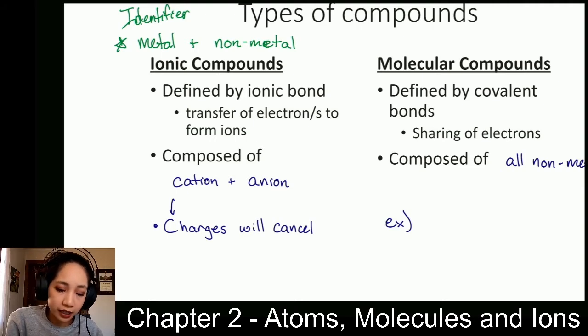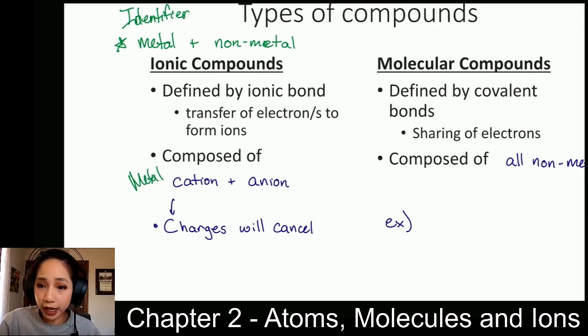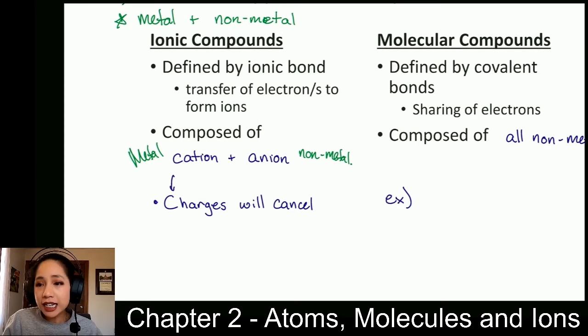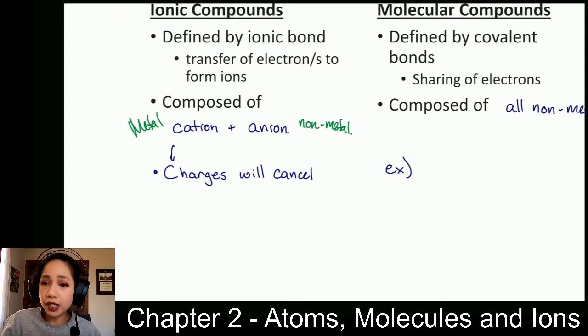The cation is typically a metal, where the anion, or the negatively charged ion, is typically a nonmetal. All right? And so in an ionic compound, the charges will always cancel. The positive charge will cancel with the negative charge and produce a neutral ionic compound.